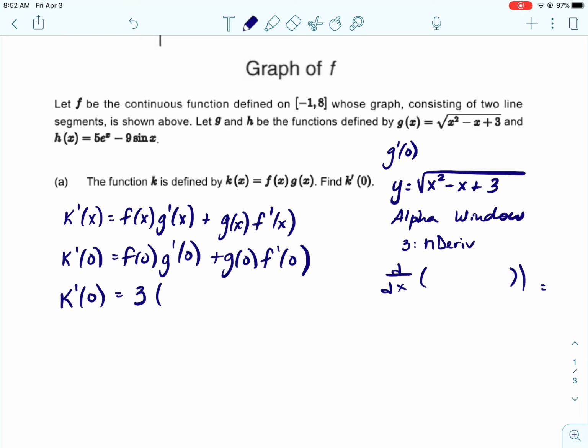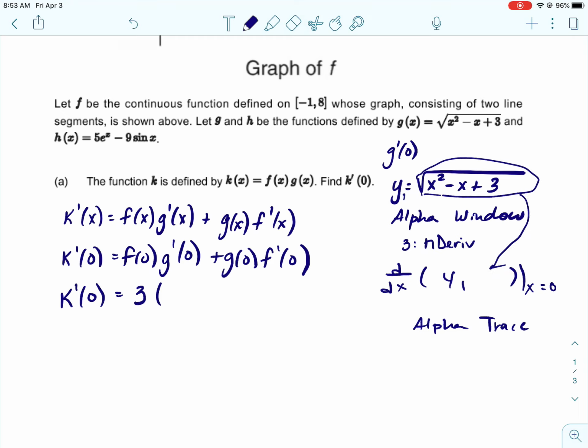I'm leaving some spaces because I'm going to fill them in a second. And so what we want to do in this place, we're going to put an x. All right, and then if we put this function into y1, we're going to hit y1 here. And to get y1, it's alpha trace. And then we need to put an x here and a 0 here.